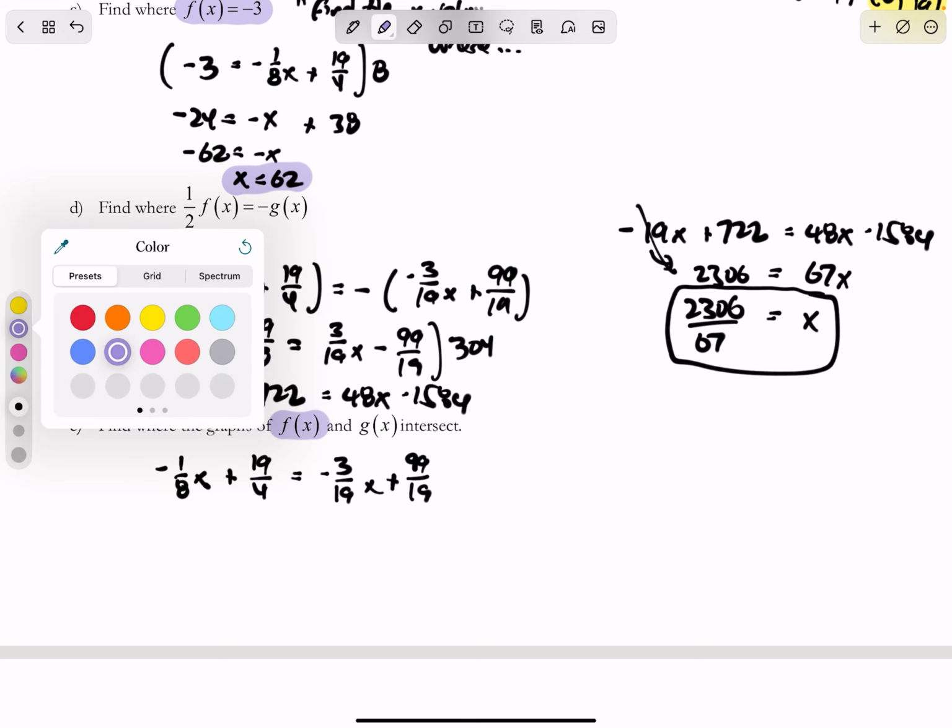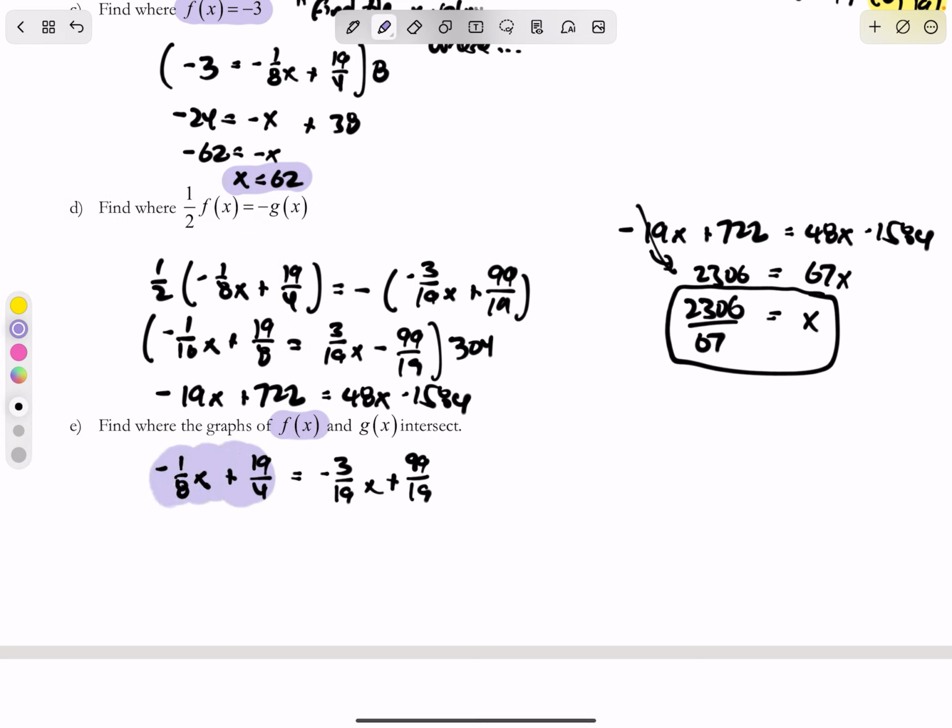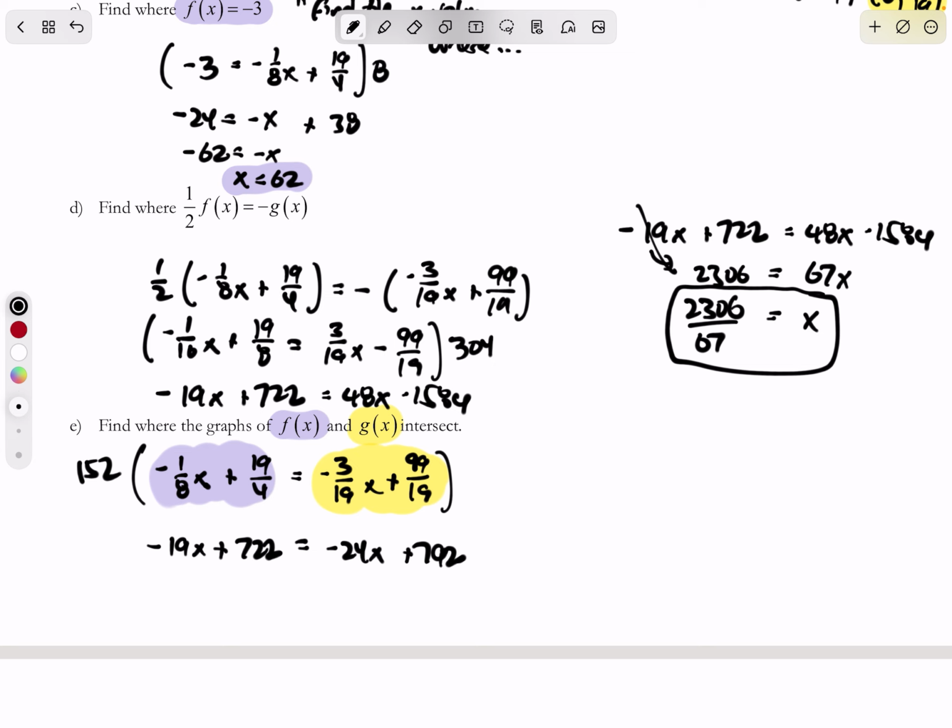Just for illustrative purposes, there's my f of x, and here is g of x, and we're just setting them equal and doing the algebra. Let's multiply through by 19 times 8, let's see, 152. Bear with me, it's going to be fine. When I multiply through, I get negative 19x plus 722 equals negative 24x plus 792.